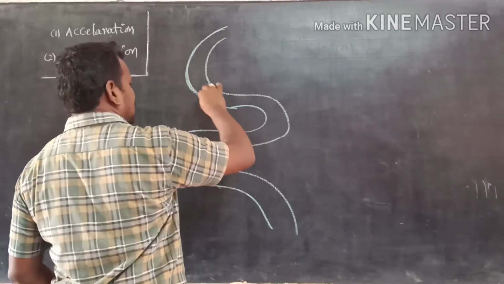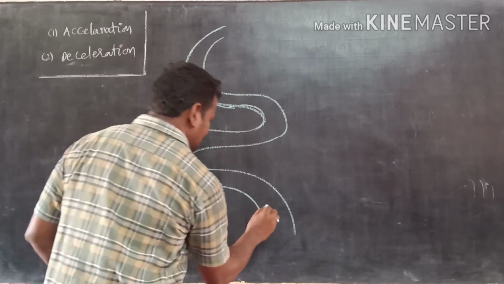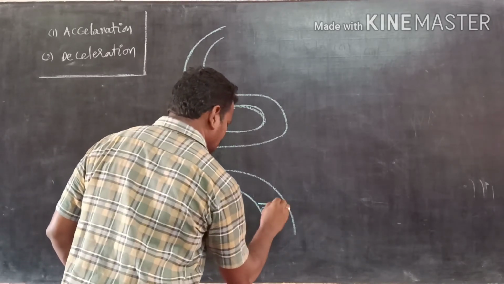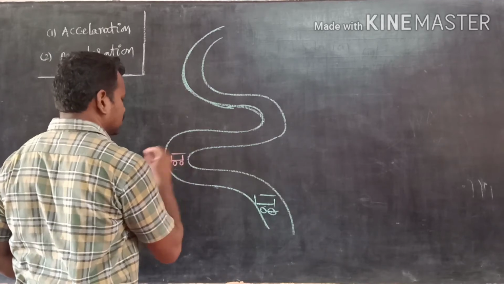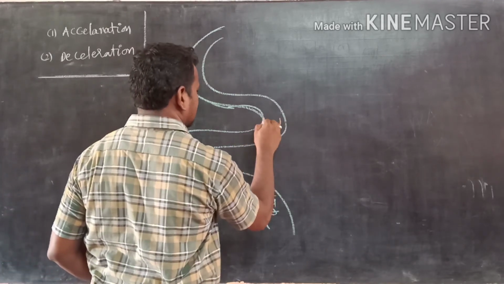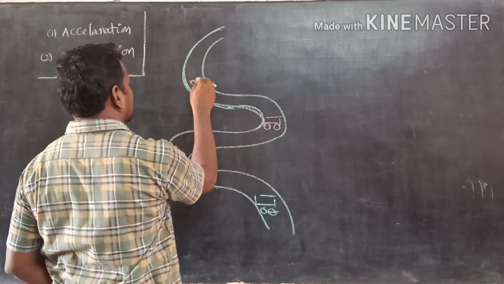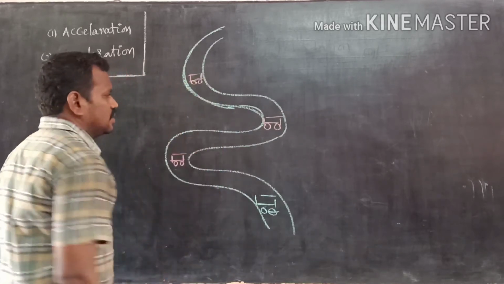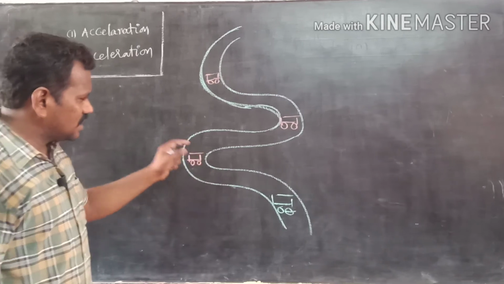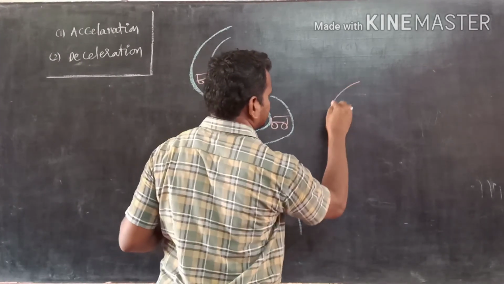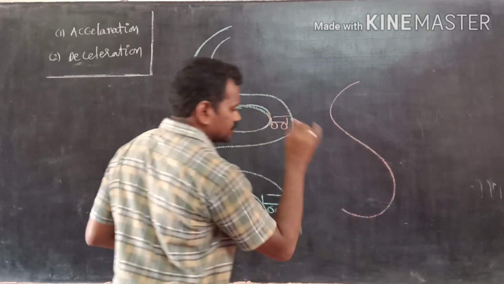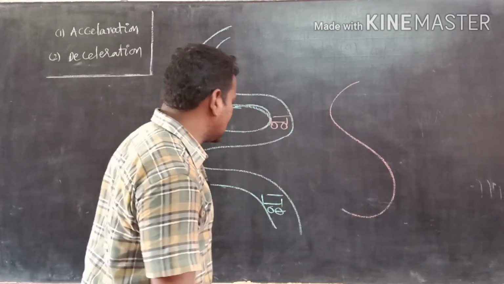Whenever the bus is moving in this curved path, for example, in the first case the bus is here, in the next case the bus is here, in the next case the bus is here, and here the bus is here. Whenever the bus is taking different kinds of path, we can represent it in this form, meaning the bus is moving in a curved path.